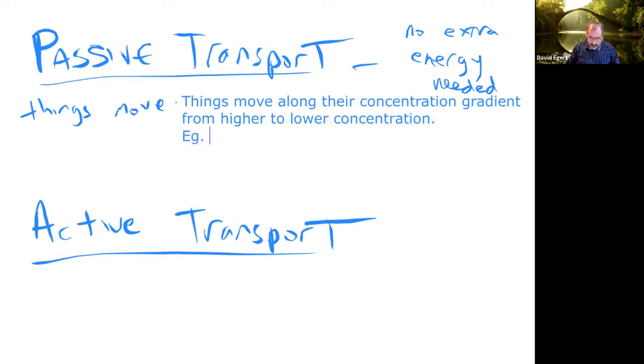For example, diffusion or facilitated diffusion, osmosis, which is just a special kind of diffusion. These are all just happening using the basic energy that the molecules have, the fact that anything that's not at absolute zero is wiggling and jiggling.